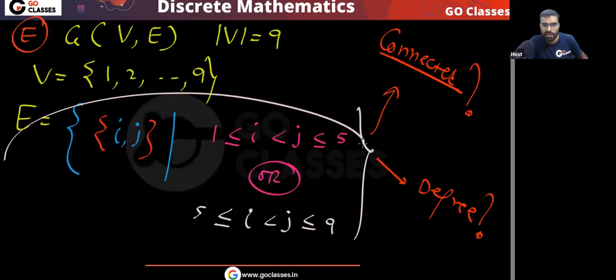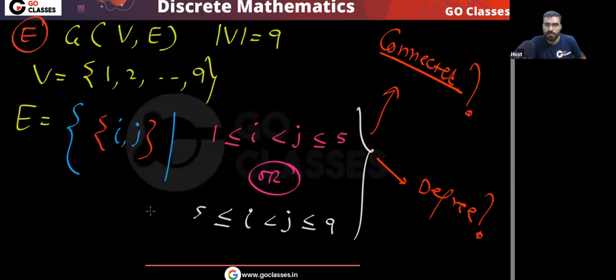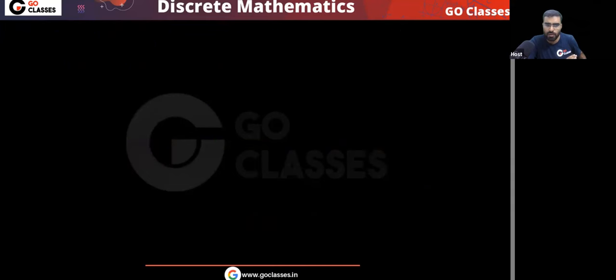So will you create the entire graph? No, you don't have to create the entire graph. Just check whether it is connected and what the degree is. This is what you have to do.